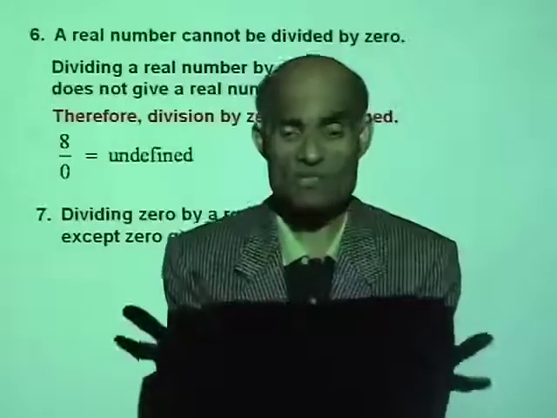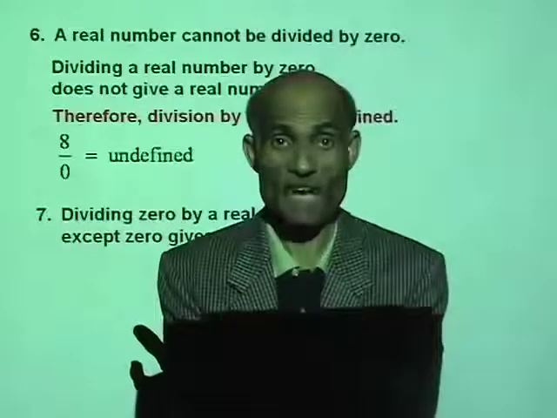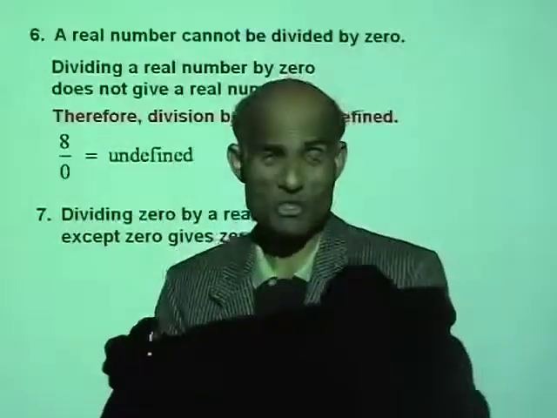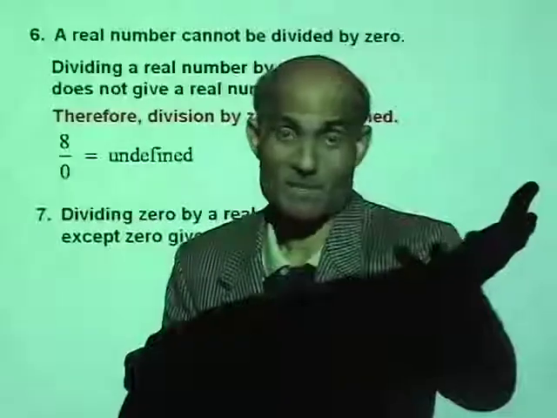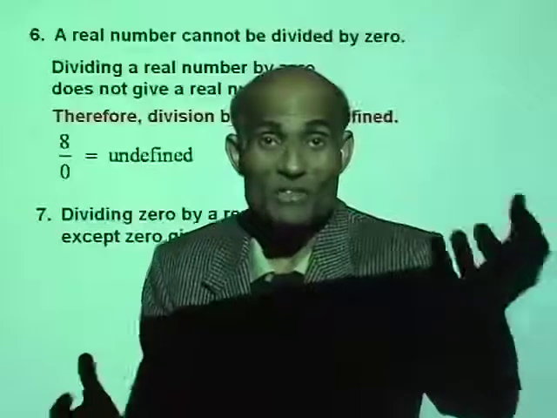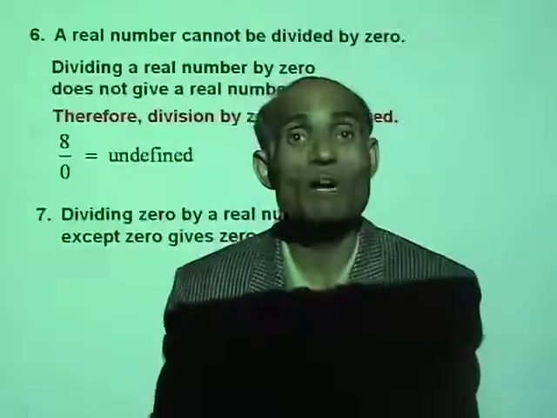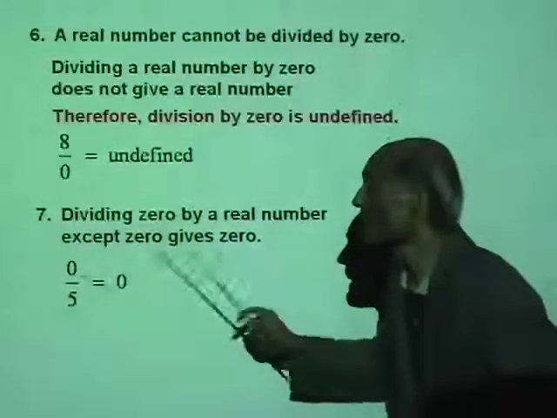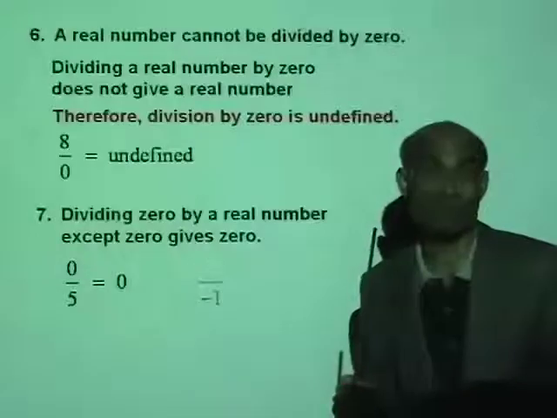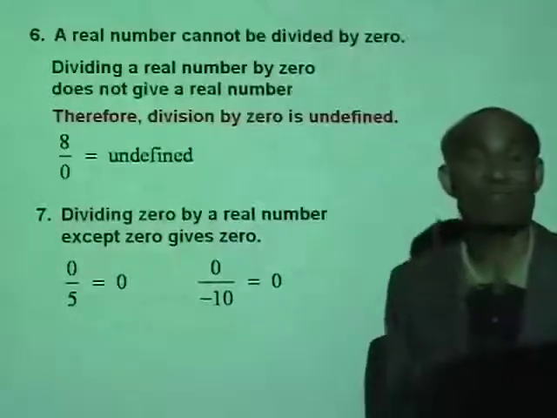And how many pizzas do I have here? 0. I'm going to divide that into 41. How much pizza did you get? Well, I have no pizza here, so dividing 0 by any real number will always give you 0. 0 divided by 5 is 0. 0 divided by -10 is 0.